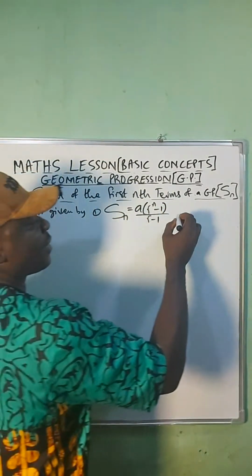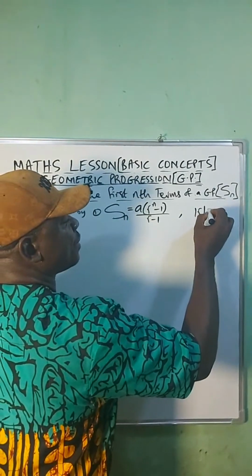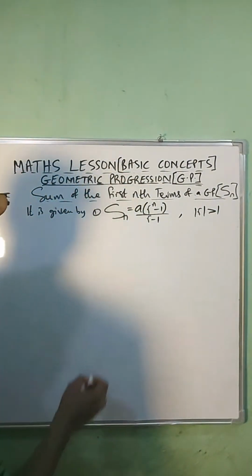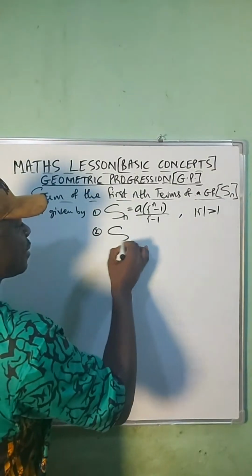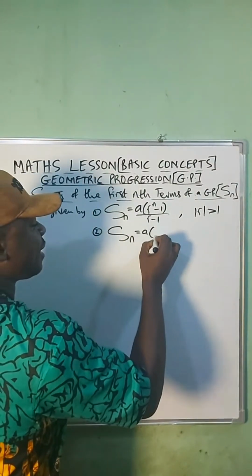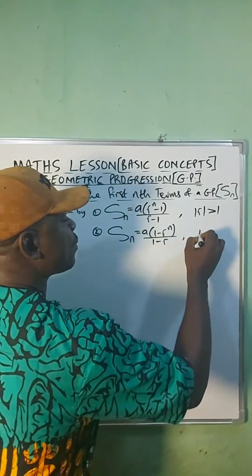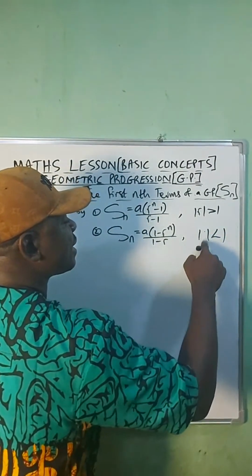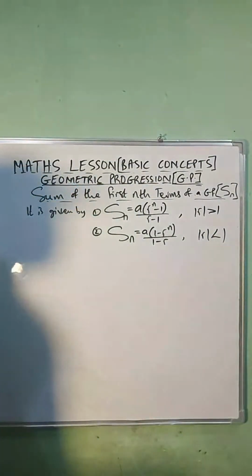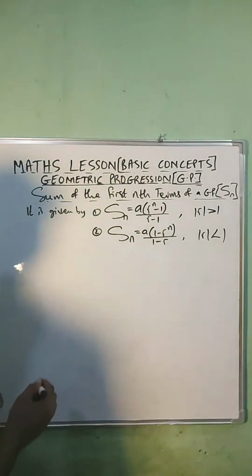We use this formula when the common ratio is greater than 1. Then we can still get the sum of the first n terms to be a into 1 minus r to the power n, all over 1 minus r. We use this one when the common ratio is less than 1. So let's take an example.